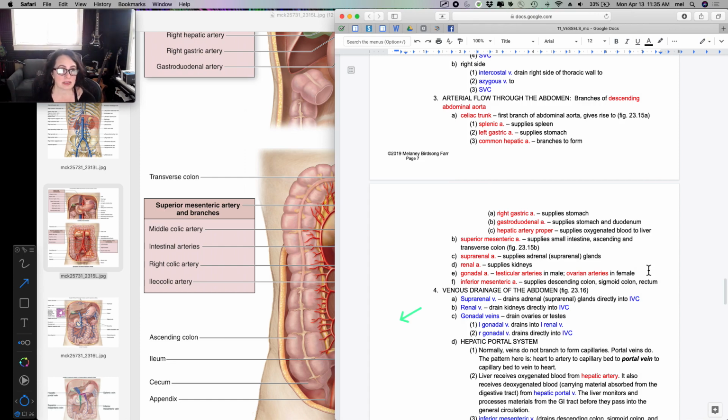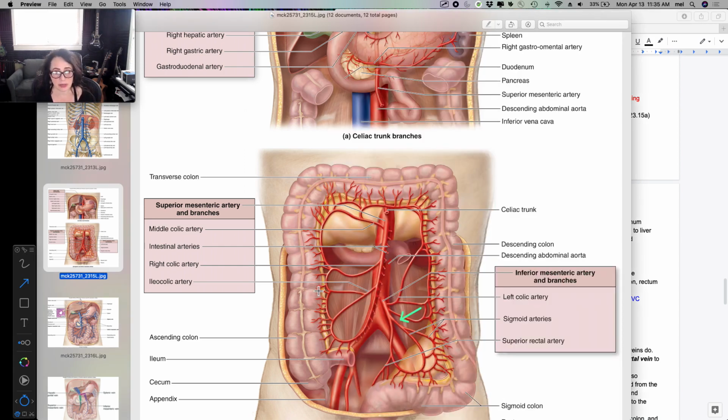So the superior mesenteric artery is going to supply the entire rest of the small intestine, except for that little bitty portion that we got with the gastroduodenal artery, okay? And then it's going to supply the proximal portions of the large intestine, or the colon. It's the other name for the large intestine. So all of this that's cut off right here was the supply to the rest of the small intestine.